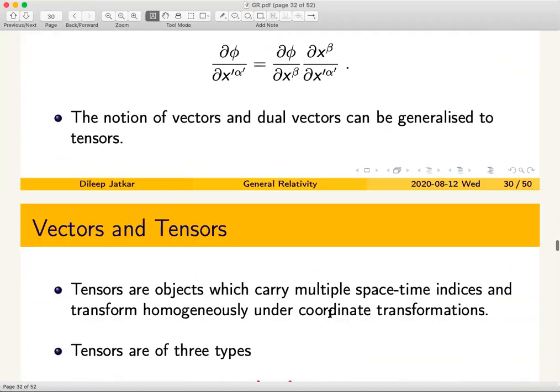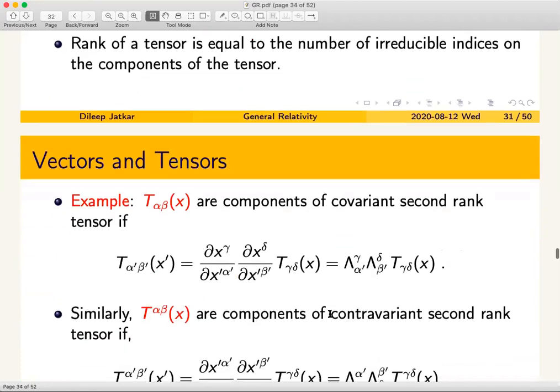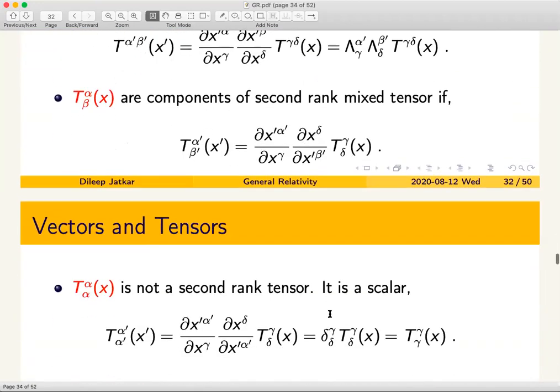Similarly, if you are looking at T alpha alpha, this quantity is defined with alpha summed over. So this object actually does not carry any free index, and therefore, in spite of having 2 indices sitting around here, it is not a second rank tensor.